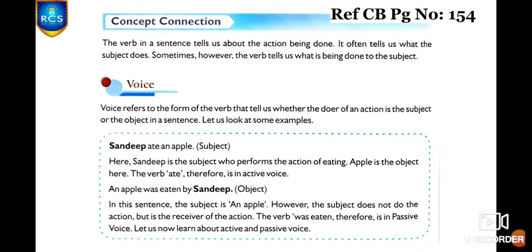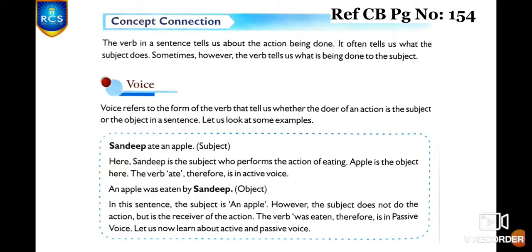In this sentence, the subject is an apple. However, the subject does not do the action but is the receiver of the action. Even though an apple is in the place of subject, it does not do any action but it only receives the action. The verb was eaten, therefore, is in the passive voice.